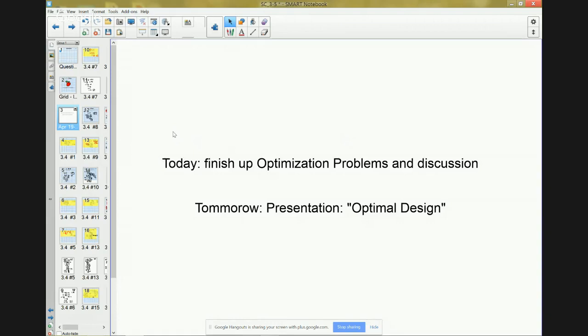You will not be getting a new assignment. Tomorrow I'm going to make a presentation to you, so really no new lesson. I have a presentation entitled Optimal Design that fits perfectly with where we are right now. I just wanted to make that announcement first.